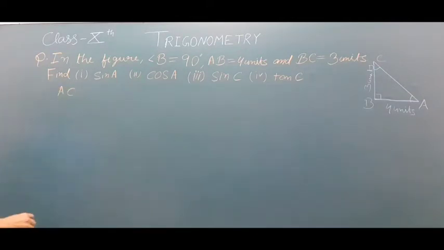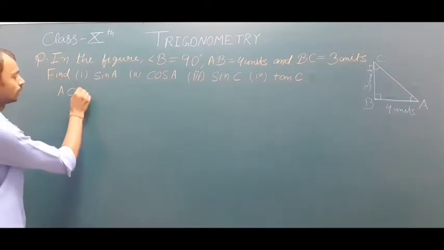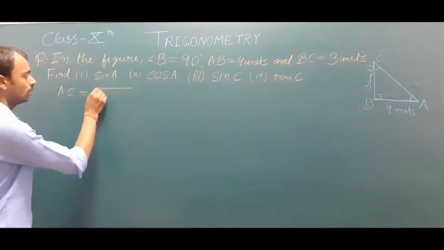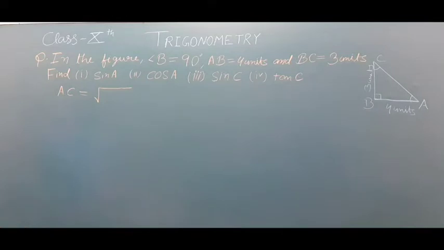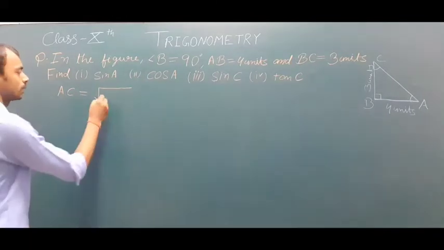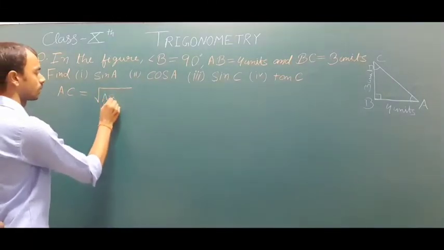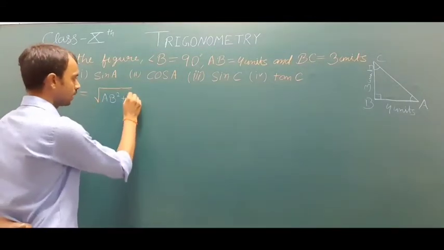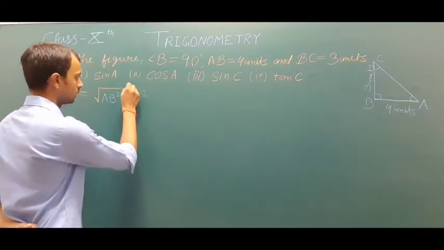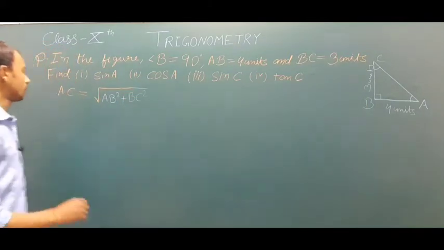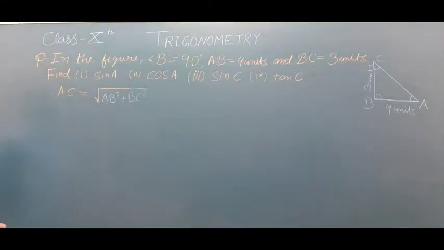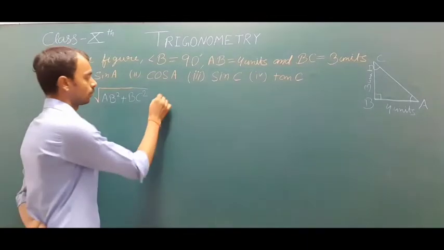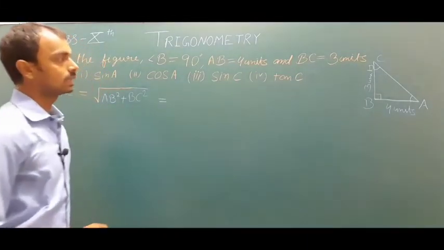We know AC will be equal to under root of what? AB square plus BC square, isn't it? So the value of AC will be under root of AB square plus BC square. Then what is AB square?